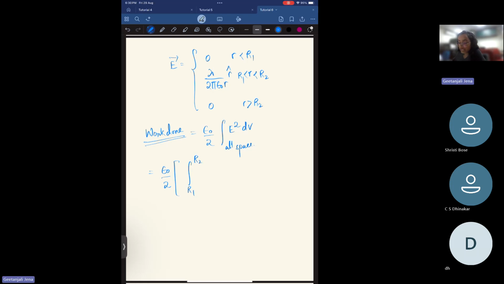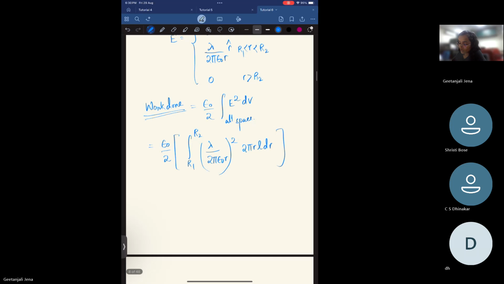E is only non-zero between R1 and R2, so that's why we are taking the integration between R1 and R2. Epsilon naught E square dV, where for a cylindrical surface dV will be 2 pi R L dr. Okay, so 2 pi will cancel.